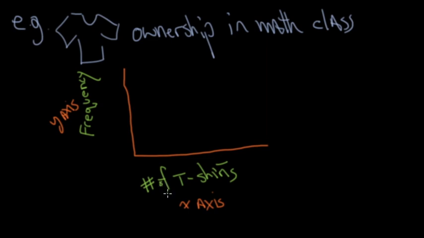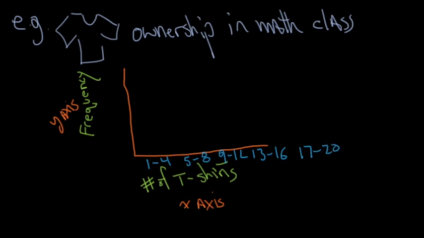And the interval that we're going to be using, remember the interval has to be the same. So we're going to use 1 to 4. Next one's going to be 5 to 8. We're going to use 9 to 12. And we'll use 13 to 16 and 17 to 20.